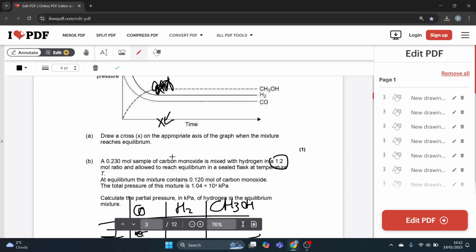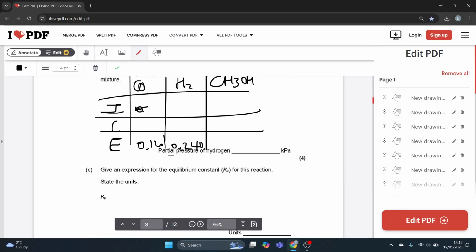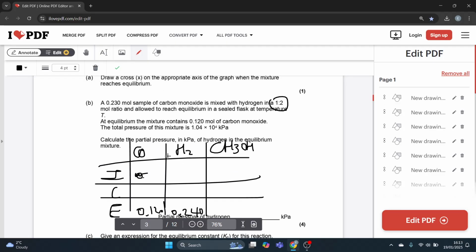And also, now I can work out the total number of moles. For methanol, it's this much.